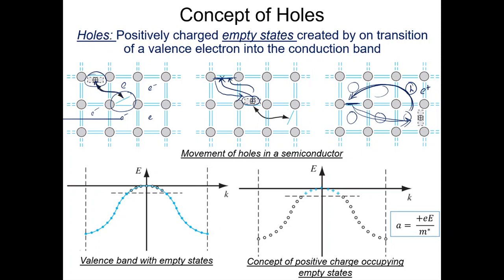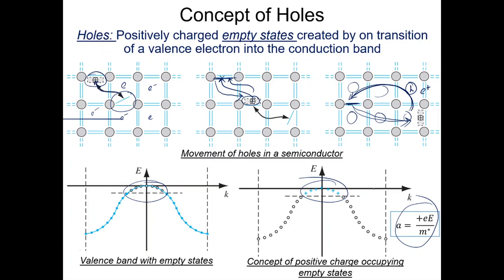Now in the case when the temperature is finite, you have a certain number of free states available, and you can think of these free states as these positive charges. So you can think of these positive charges moving inside the valence band in the similar fashion as the electrons moved in the conduction band, and therefore they also get influenced by the external electric field.